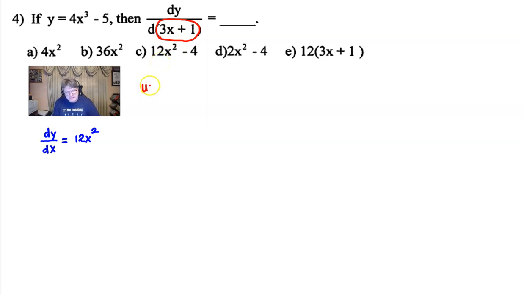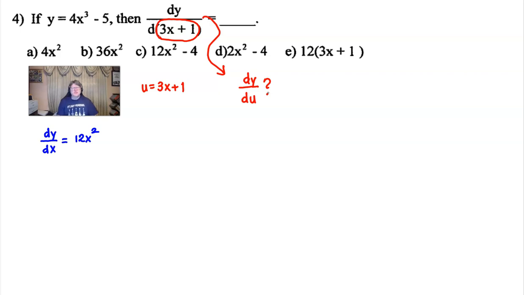A really common variable that we use for this 3x plus 1 could be u. It's a very common letter to use. So what does that mean? That means this problem is really saying, what is the derivative of y with respect to u? That's what we want to figure out.